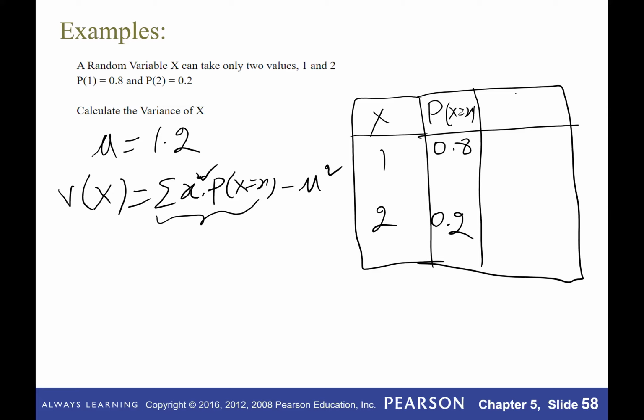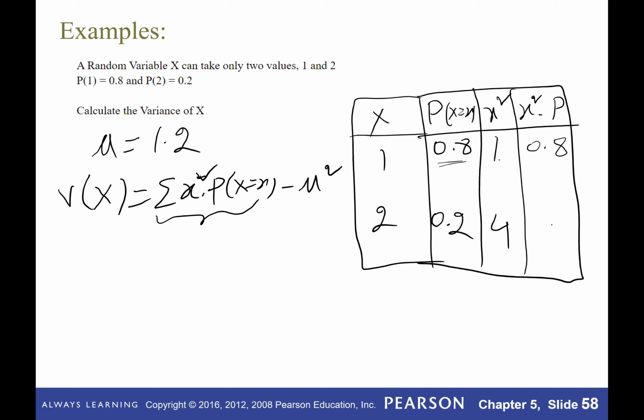So if you take x squared, then it will be 1, and 2 squared is 4. Now we will multiply x squared with p. So x squared is 1, and this is 0.8. If you multiply these two, this will be 0.8. So what will be the value for the next one? Anyone? X squared times p.